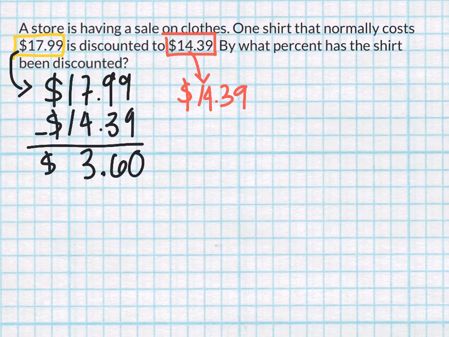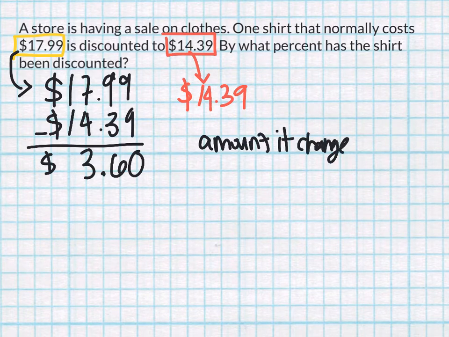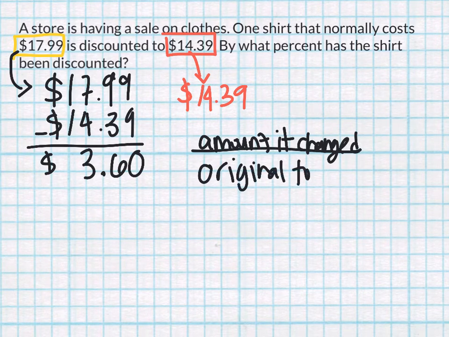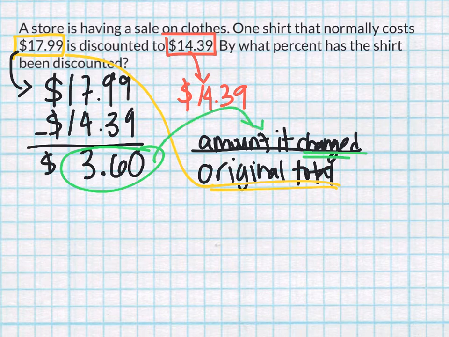So like I did in the previous problem, I want to do the amount it changed divided by the original total. So in this case, my original total is $17.99, and the amount it changes is $3.60.